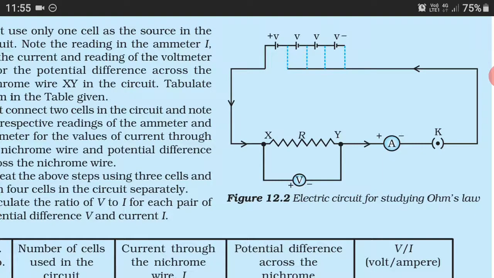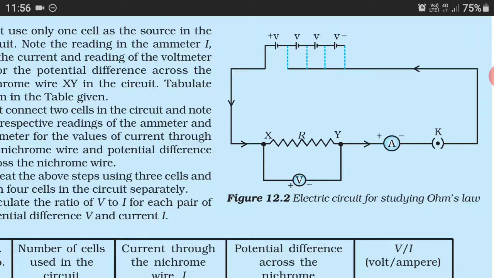So you can see in this figure 12.2 a nichrome wire, which is an alloy of nickel, manganese, and iron. This nichrome wire was used as the conducting material at the two open-ended terminals, X and Y. He placed a voltmeter in parallel to this resistor XY, an ammeter in series, a key, and four cells were attached to it.